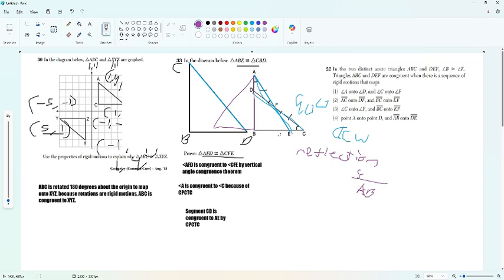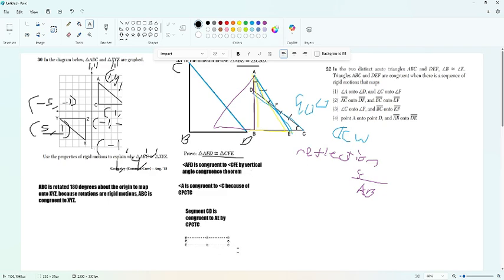Alright, Professor Kayden, what now? We can say that these are congruent now. These are overlapping each other. And now we can see that when we map it onto each other, AF is actually congruent to CF, which completes ASA.